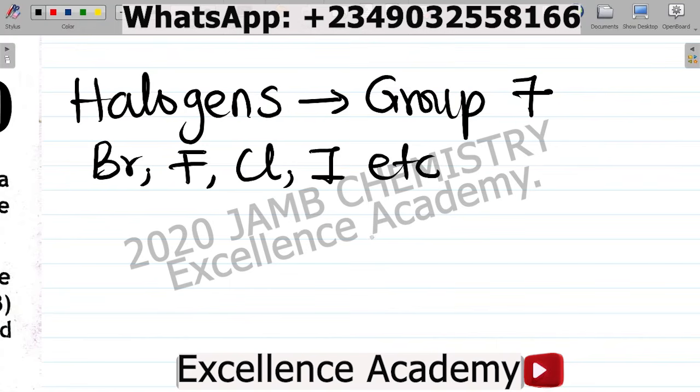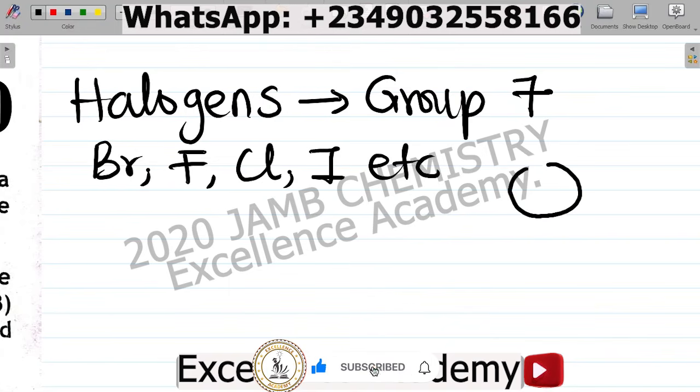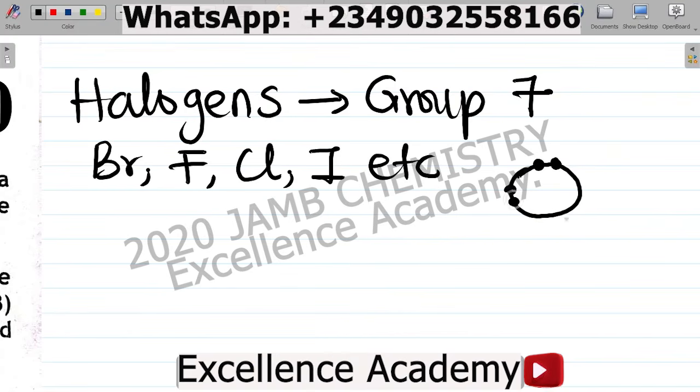One thing that characterizes these halogens is that they are group 7 elements, which means that they have 7 valence electrons. That means for a halogen, the number of electrons on the outer shell is 7. So you have 1, 2, that's 2 electrons, 3, 4, 4 electrons, 5, 6, 6 electrons, then 1, that's 7.